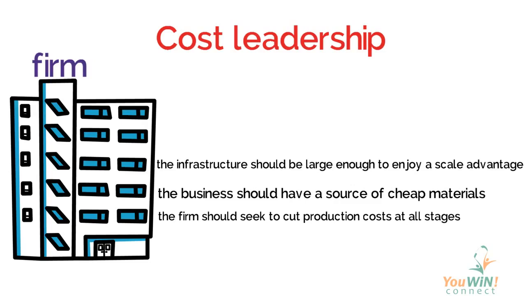What this means basically is that you are using the cost as an advantage, and you must look at all of the elements of the chain that leads to your production and find a way in which you would have reduced cost for all of these stages in the cycle of your production.